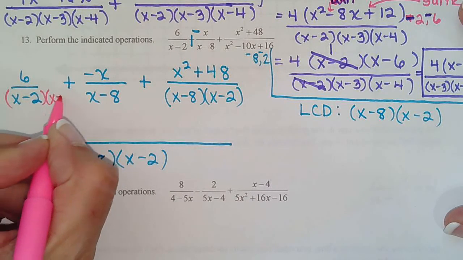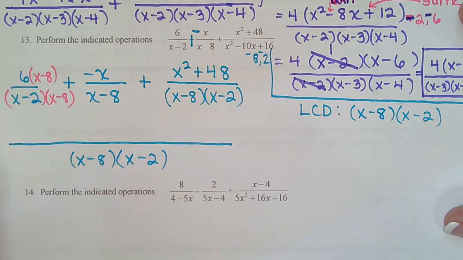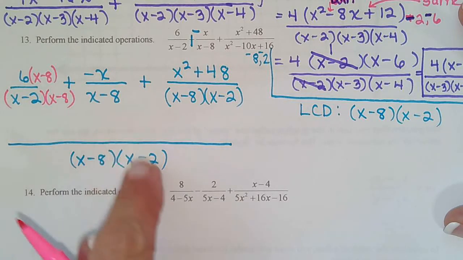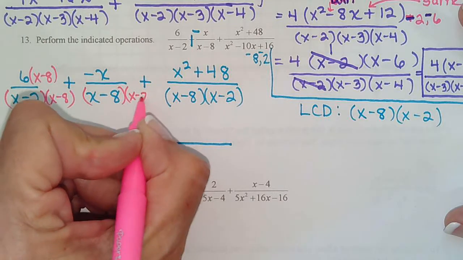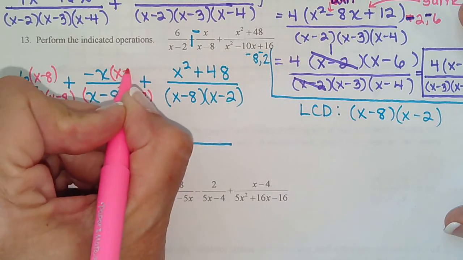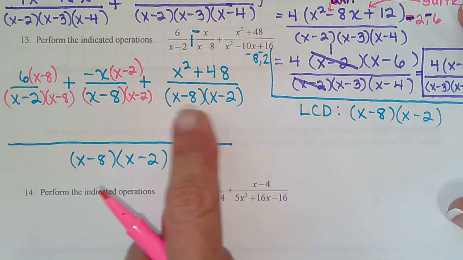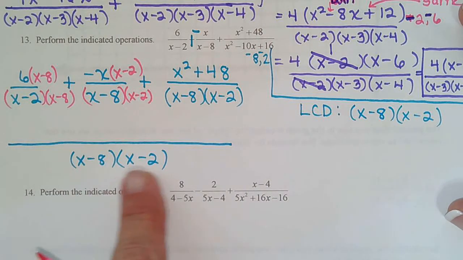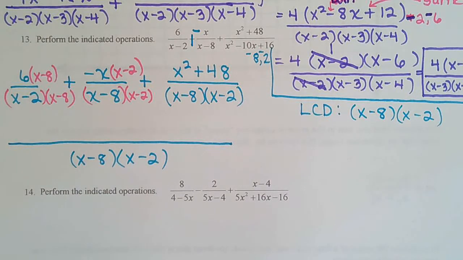So I add that into the denominator and I add it into the numerator. Then I say, what is the second one missing? Oh, it's missing x minus 2. So I add it into the denominator and I add it into the numerator. And then I look at the third one and say, what is it missing? Oh, it's not missing anything. So it just stays the same.